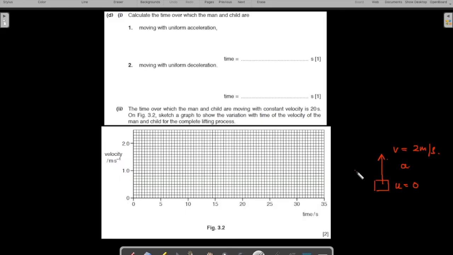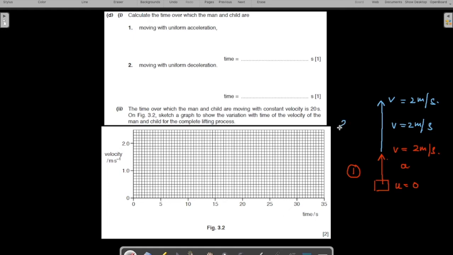During the first part, there was an acceleration, right? And in the second part, let me use blue color. During the second part of the journey, they were moving at a constant velocity all throughout at 2 meters per second, and finally as well it was 2 meters per second.